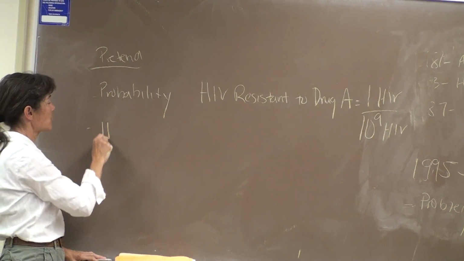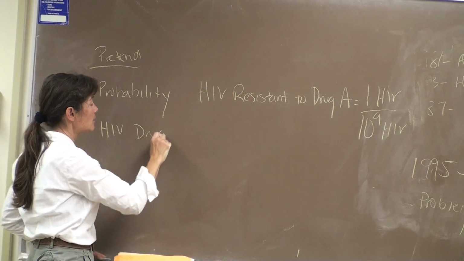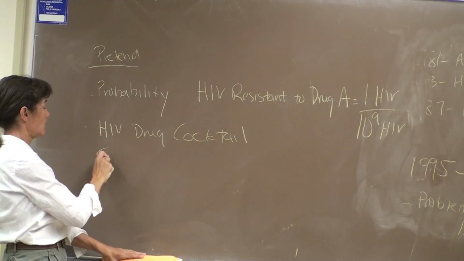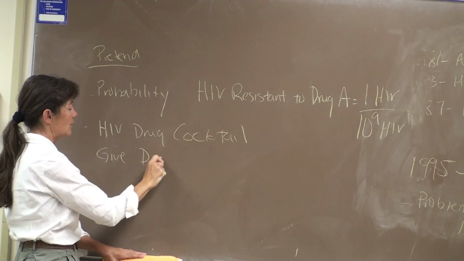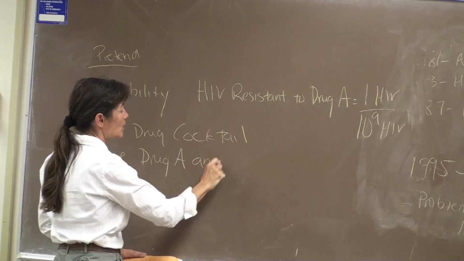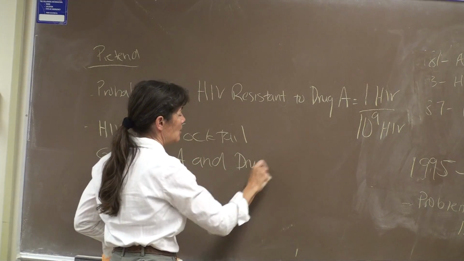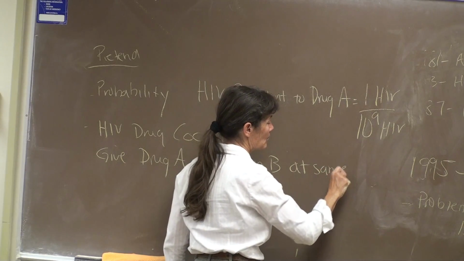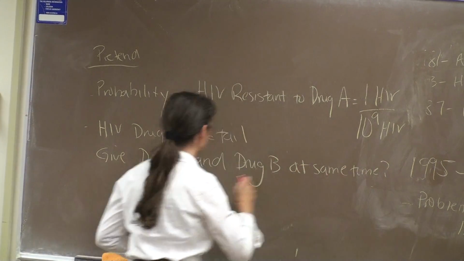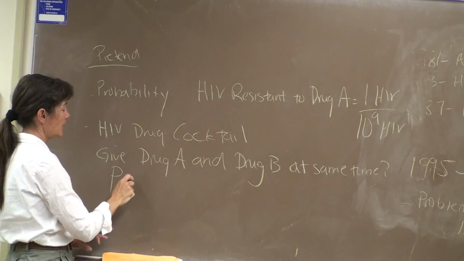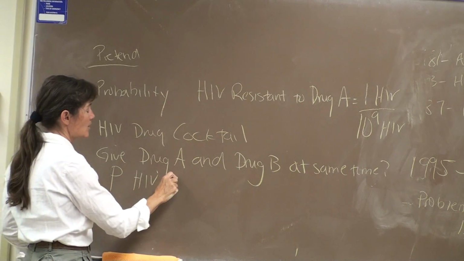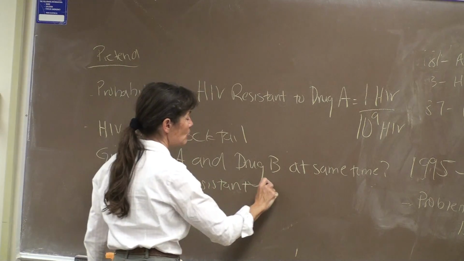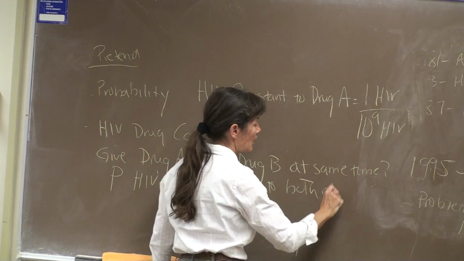So let's look at an HIV drug cocktail, a mixture of different anti-HIV drugs. So what if you give drug A and drug B at the same time? So now we're going to ask, what is the probability of getting an HIV that is co-resistant to both drug A and B?